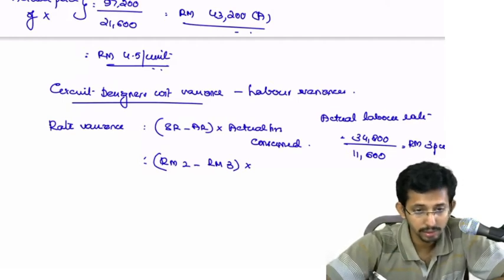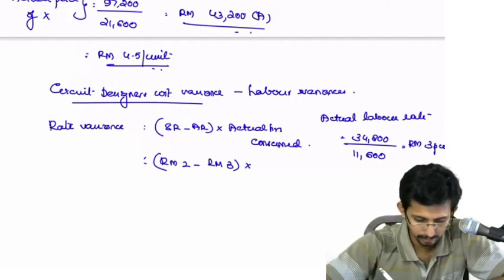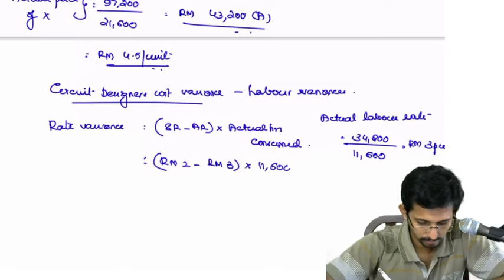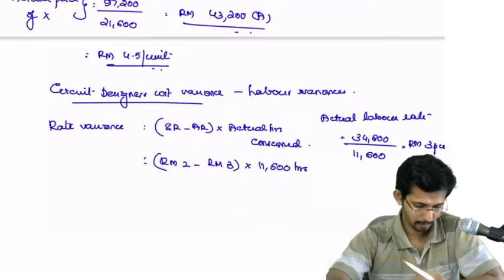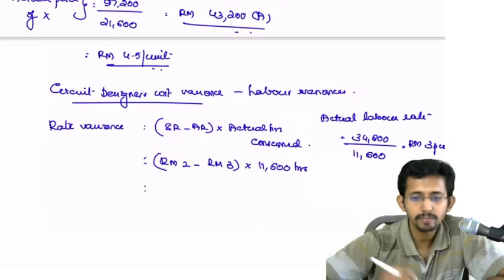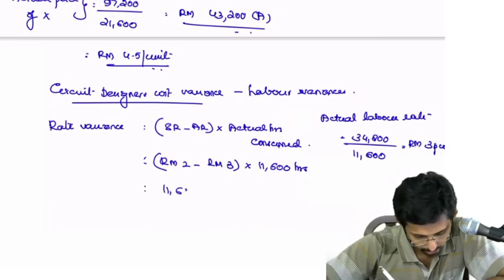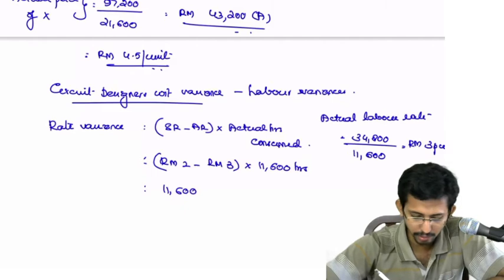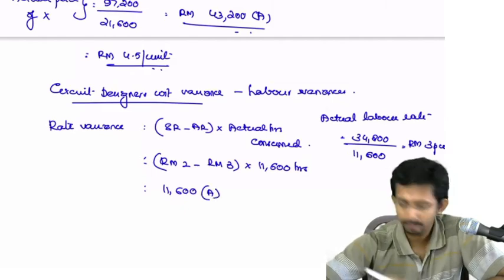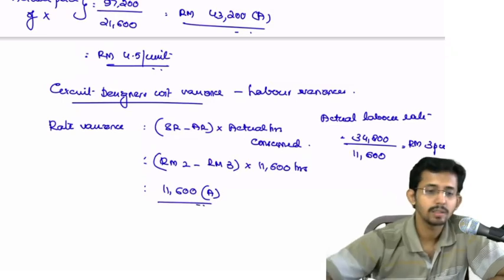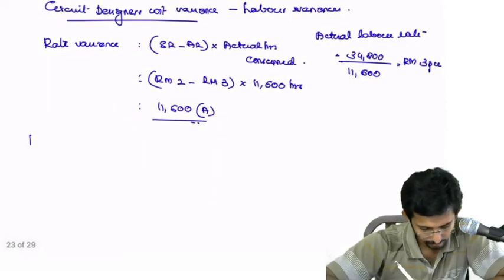Actual hours consumed is 11,600. Okay, is it favorable or adverse? Definitely adverse because the rate is higher. Now next is efficiency variance.